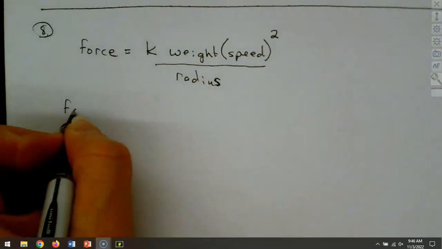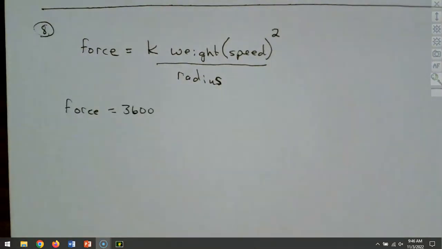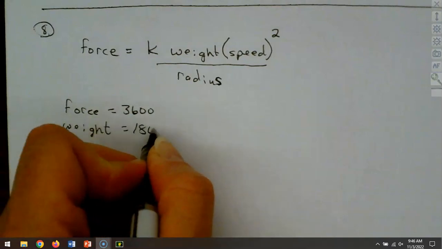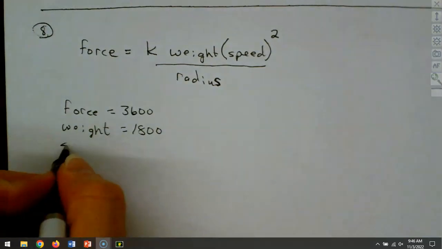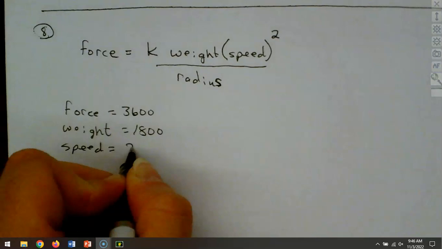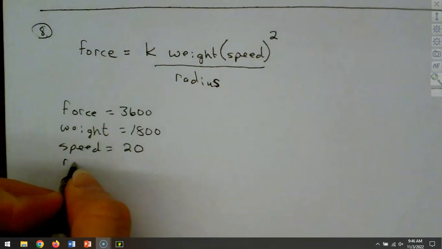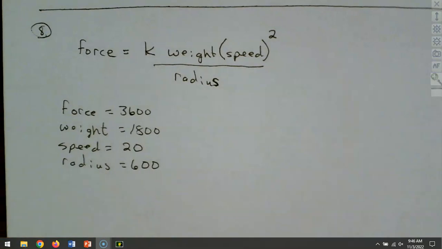That's the force needed to keep an 1,800 pound car, so that's your weight, traveling at 20 miles per hour, that's your speed, from skidding on a curve with a radius of 600 feet.